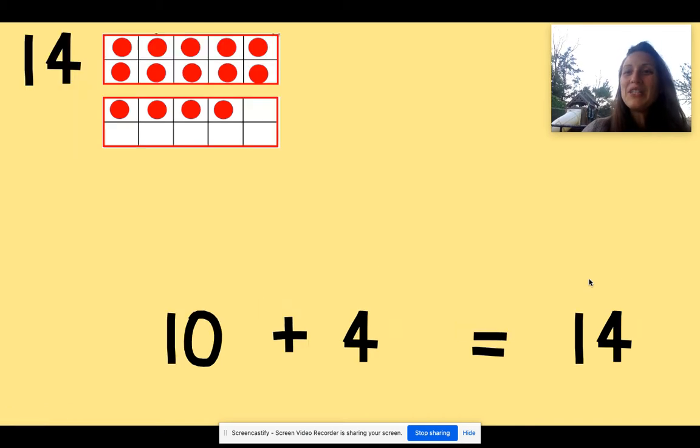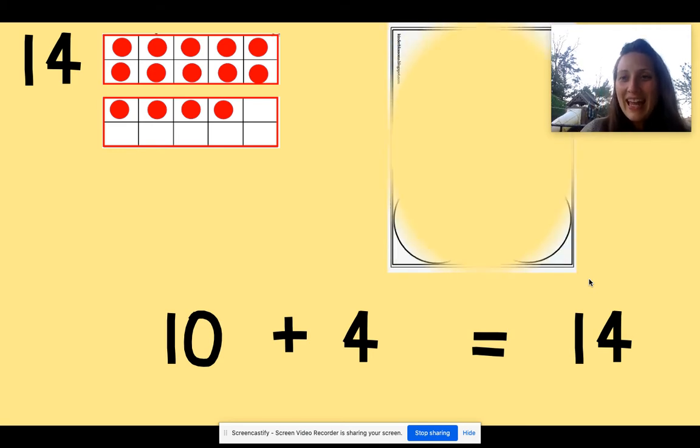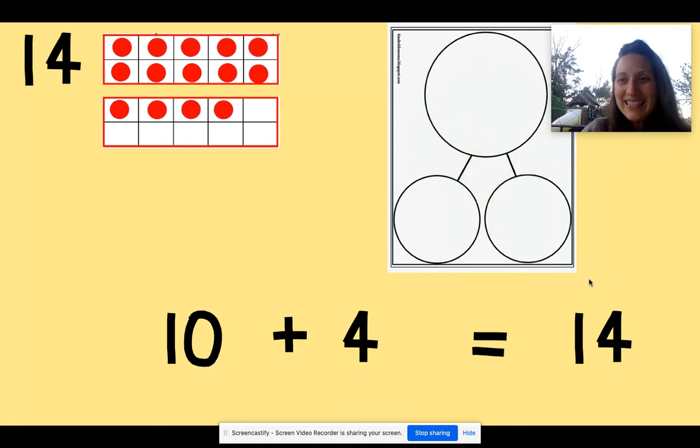So we are going to use these numbers to do one more thing. We are going to make a number bond. Here's my number bond. How many circles are in my number bond? Let's count. 1, 2, 3 circles.